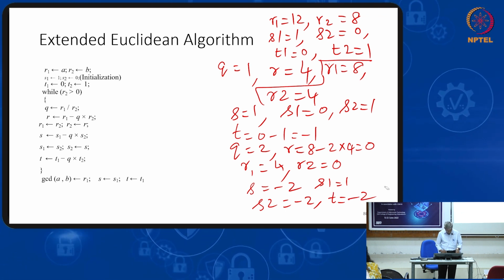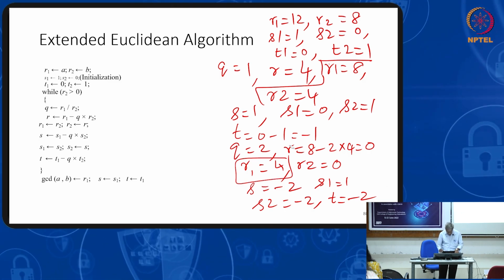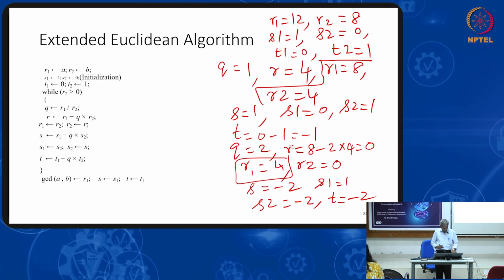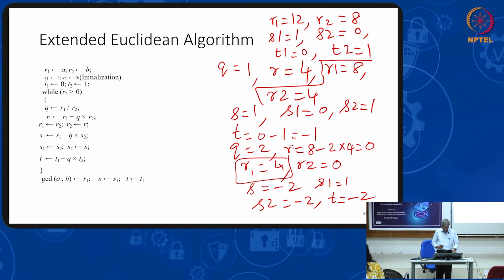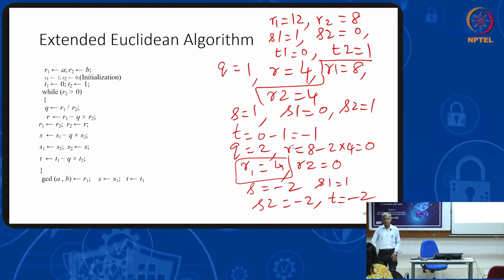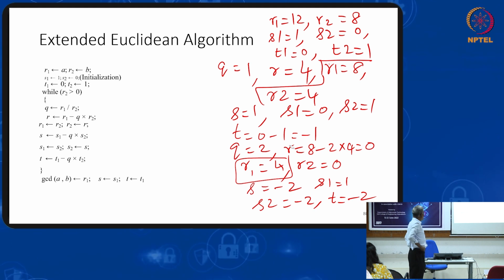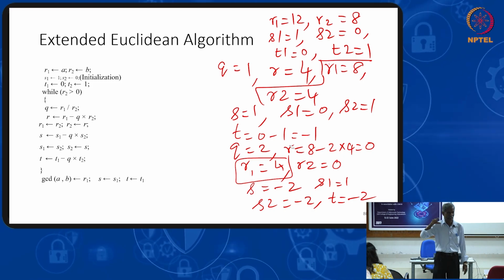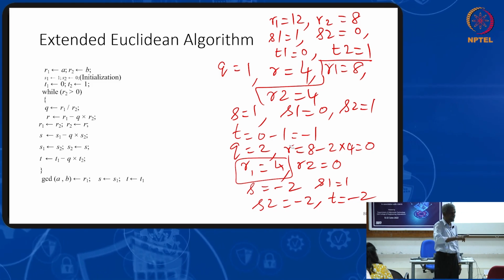Now, the greatest common divisor is R1. So the greatest common divisor is right now R1. And the inverse. This extended Euclidean algorithm is also used to find the inverse. I did not take an example, but among this S and T, the last two values, one of them will be the inverse.